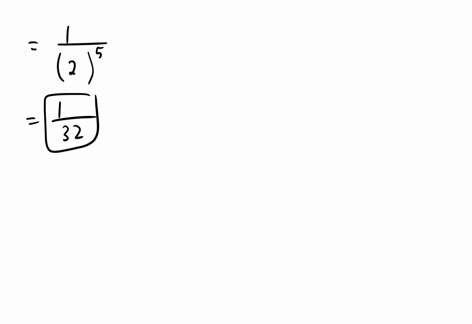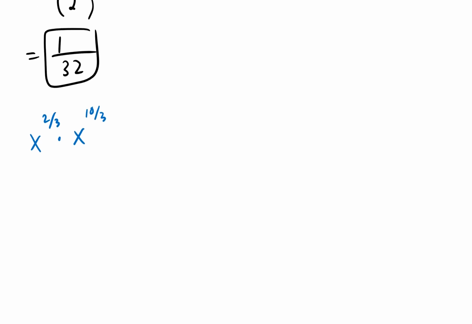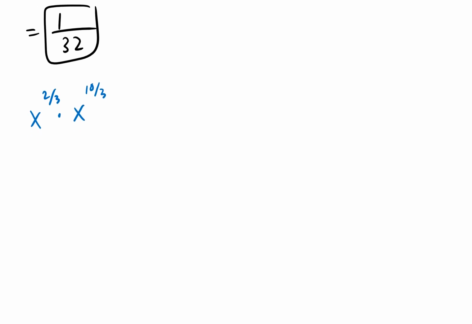Now they can ask us to simplify different kinds of exponents. Say x to the 2/3 times x to the 10/3, or x to the 8th, y to the 1/3, all to the 1/4 power.